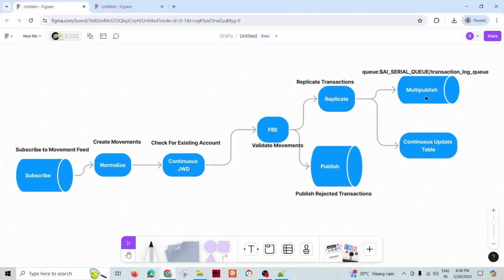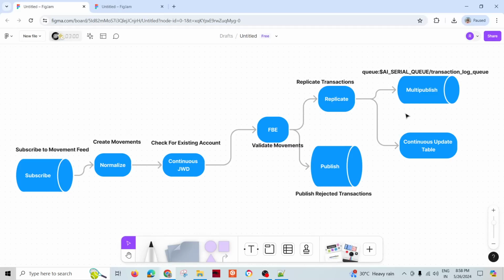All those three graphs will run in parallel, so we can use the multi-publish when anything is published by multiple graphs into the same queue. The multi-publish is the component for that kind of queue publishing.